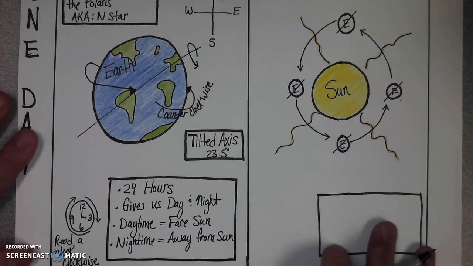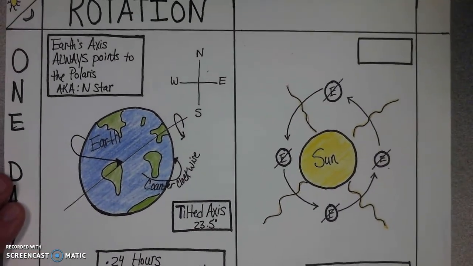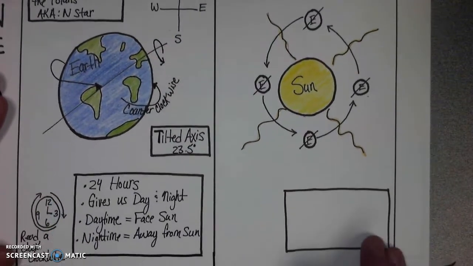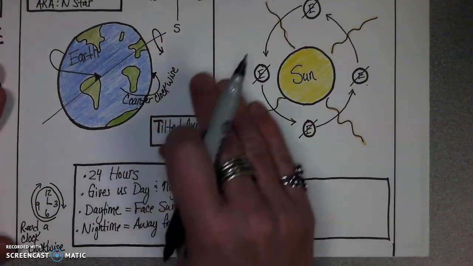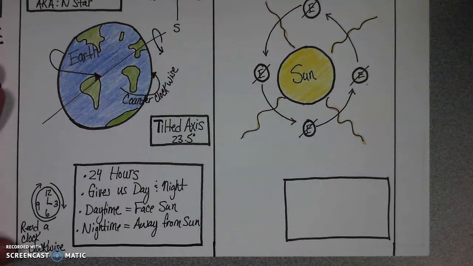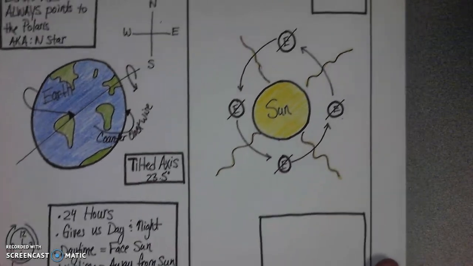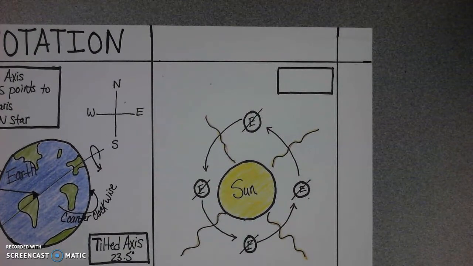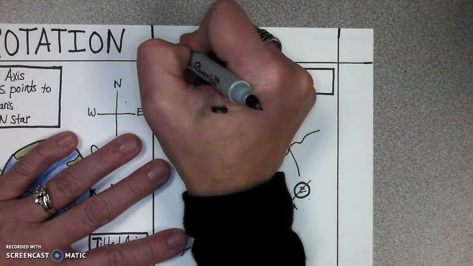So that's it. When we're talking about rotation, we're just talking about that one day, 24-hour period that gives us day and night, paying attention that we have a tilted axis at 23.5 degrees, and that we are running counterclockwise. So we're going to take it now to this side, and we're going to write revolution.